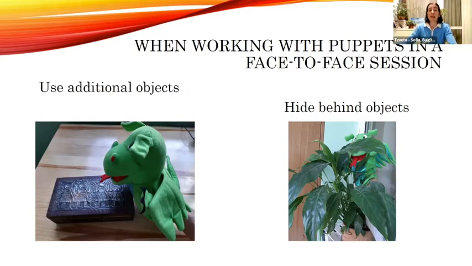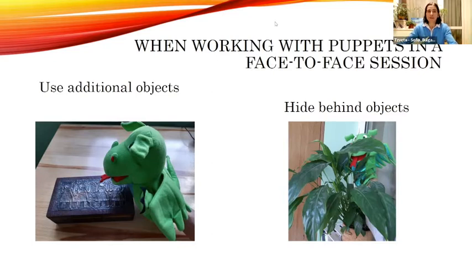So when I began working online, that was my first question. How could I work with the online Puppet app and also use additional objects? Or how could I make my puppet hide behind some objects on a computer?